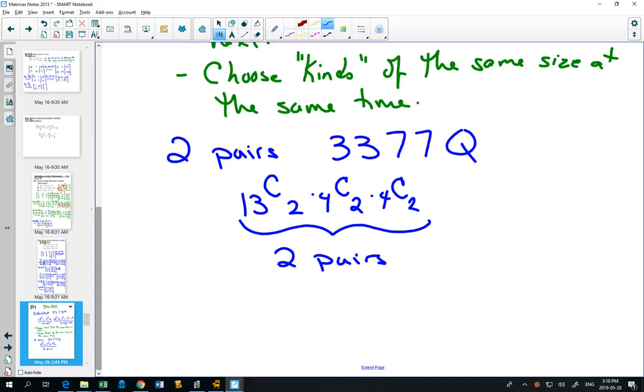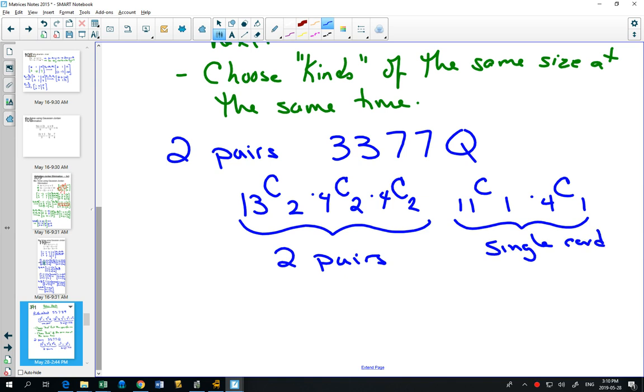And finally, we need to choose one more single card. You could say there are 11 kinds left. Choose 1. And then for the queens, if you chose the queens, there's 4 of those. Choose 1. This will be the single card. Can you see that you could have done that single card just by 44 choose 1 if you wanted to?